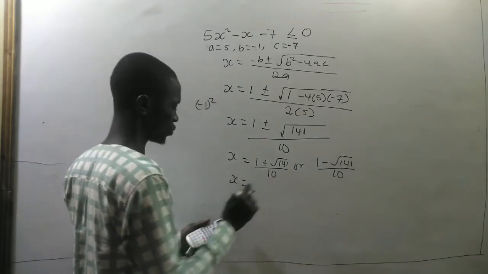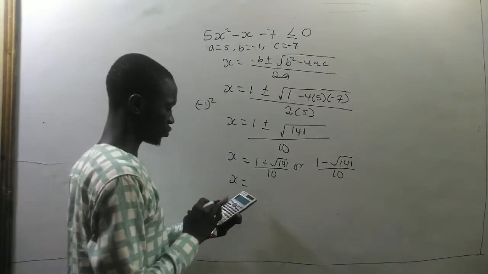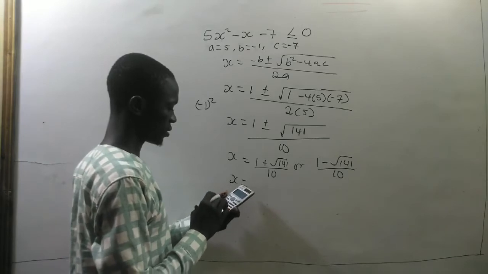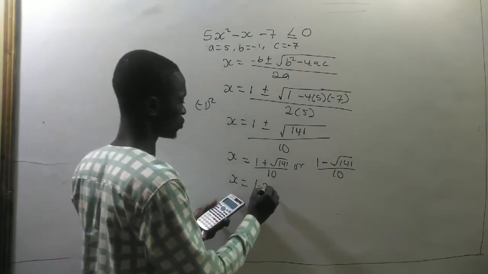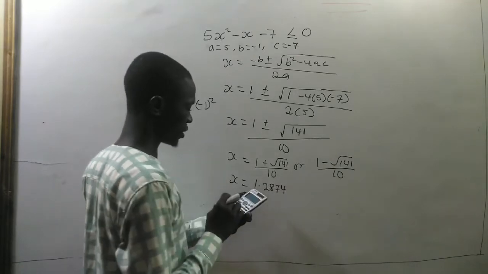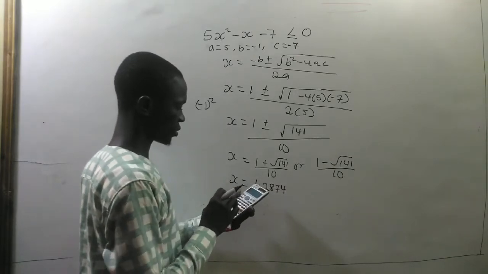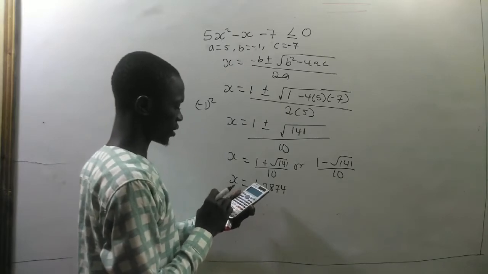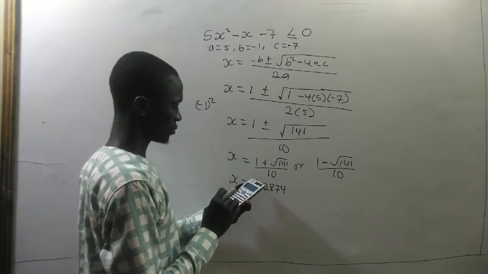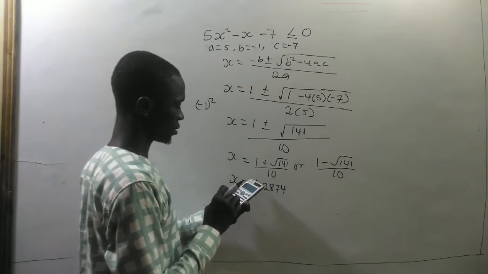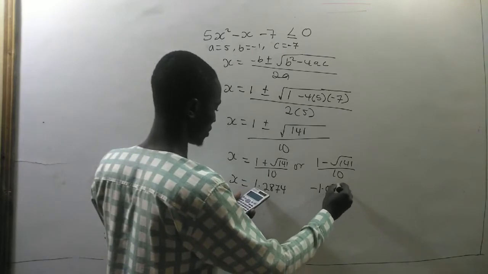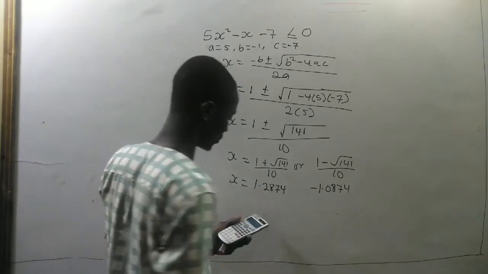You have x to be equal to 1 plus the square root of 141 divided by 10, which is 1.2874, and this one will be 1 minus the square root of 141 divided by 10. That one also will be negative 1.0874.